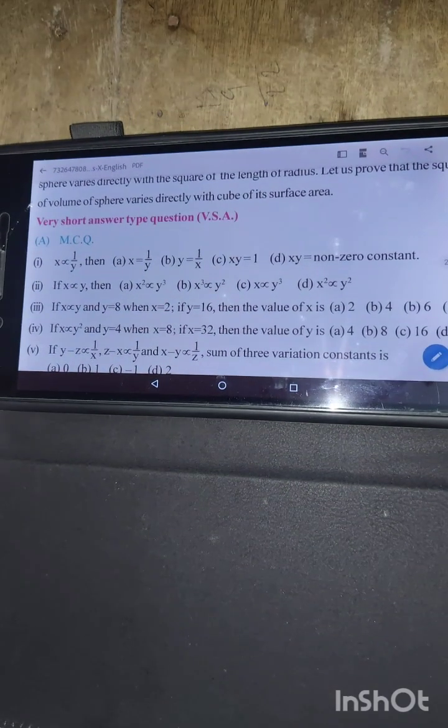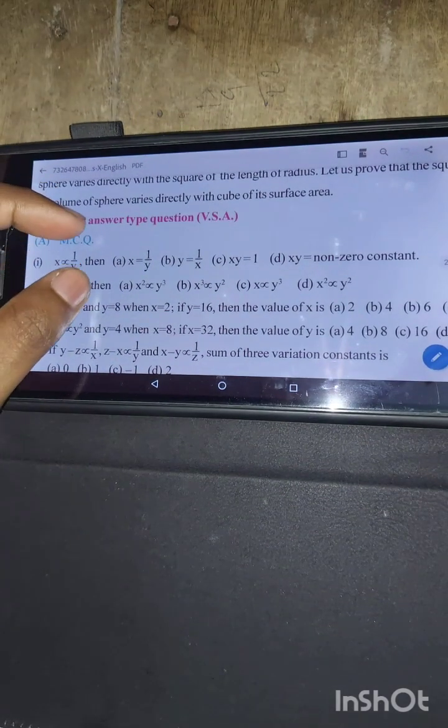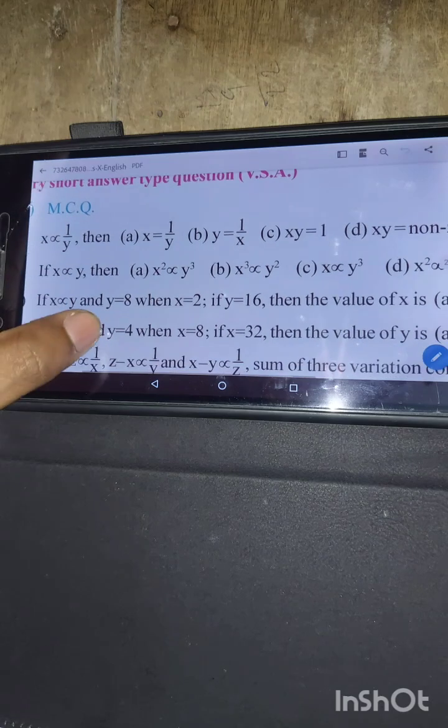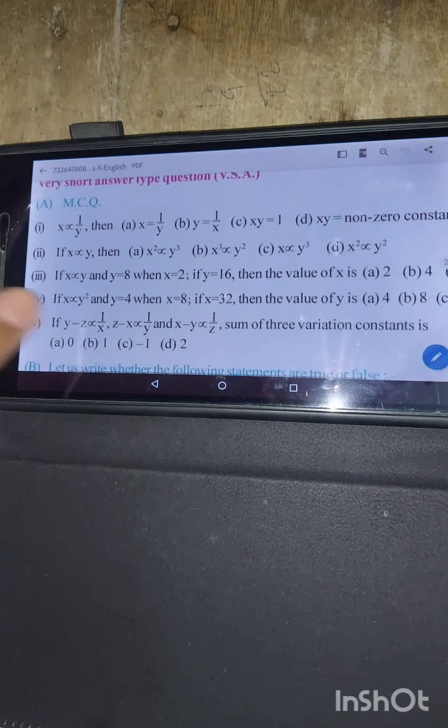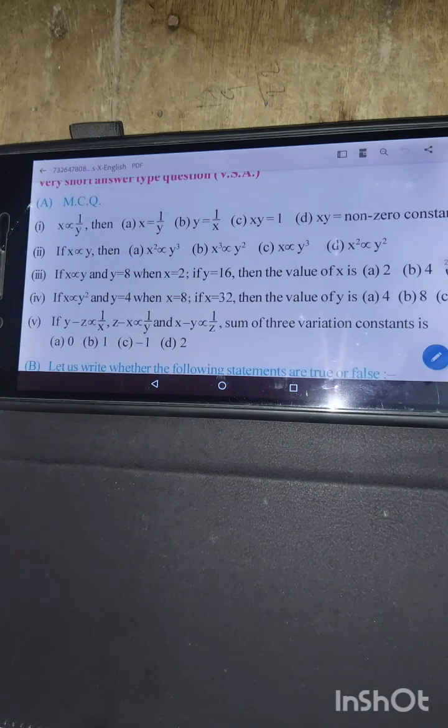If x varies as y, y equal to 8 when x is 2, y equal to 16 when x equal to question mark.